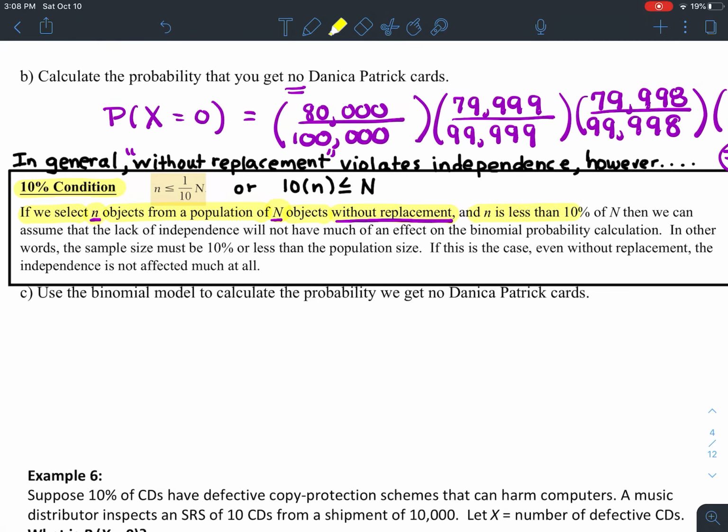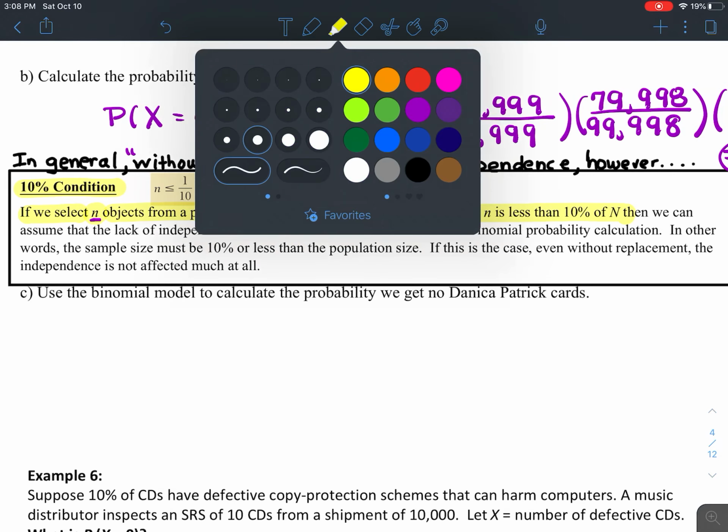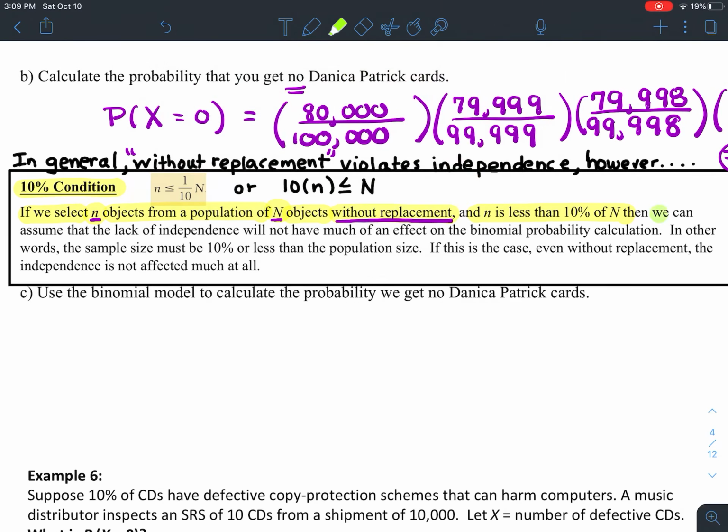If your sample size is under 10% of your population size, then technically we can still say that even though the independence condition is not being met, it's not going to have that much of an effect on what the binomial probability calculation would have been.